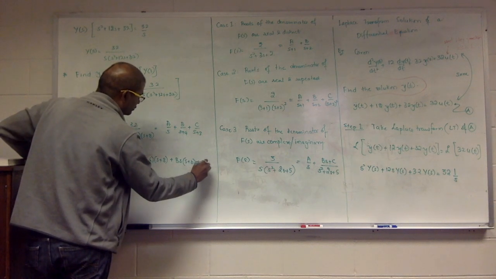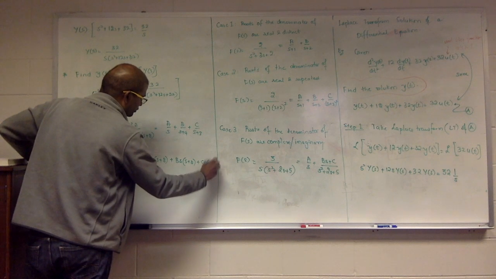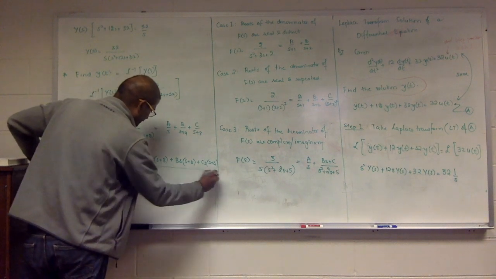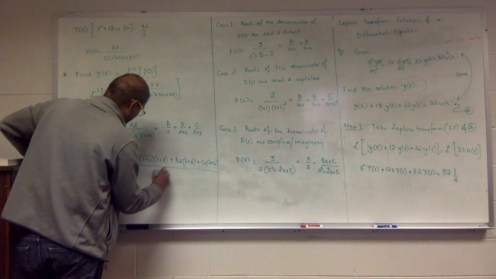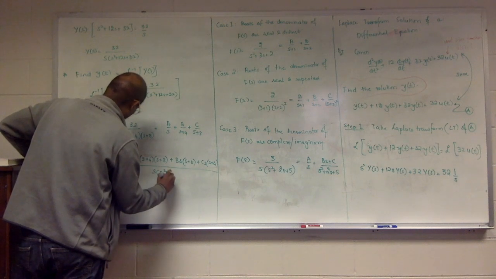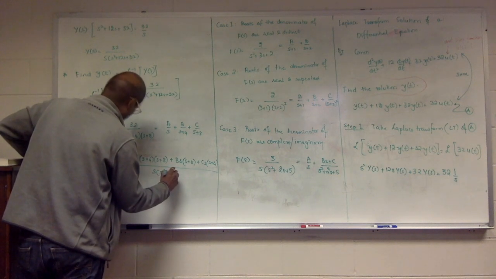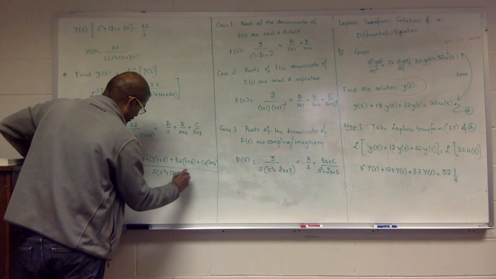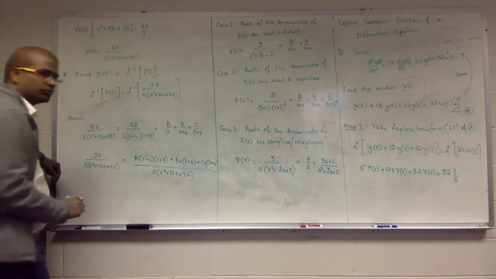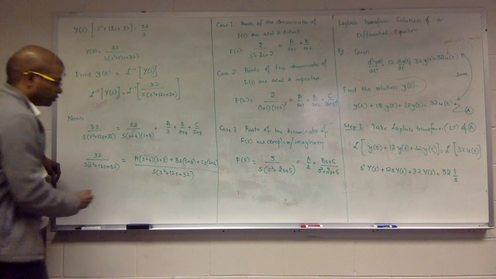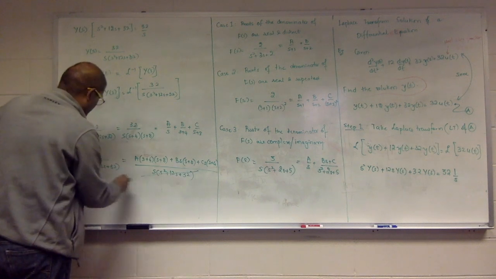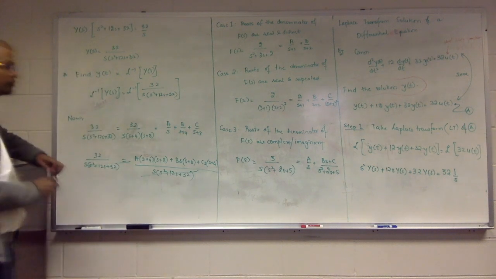Plus C s into s plus 4, divided by this s into s square plus 12s plus 32. So this cancels, okay? Any questions?